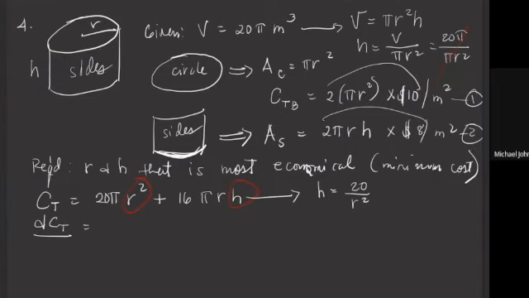So, we can now start deriving, or we can also write first, just to be clear. The cost now is 20 pi r squared plus 16 pi r times 20 over r squared. But we can also cancel out the r in here. So what's left again?